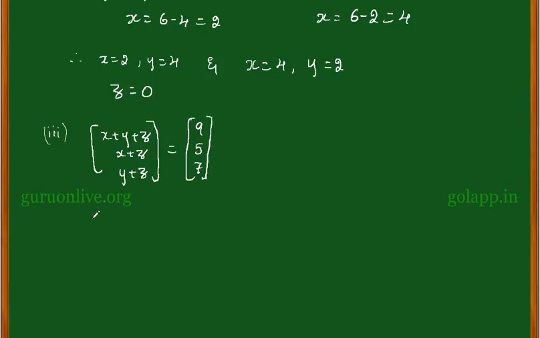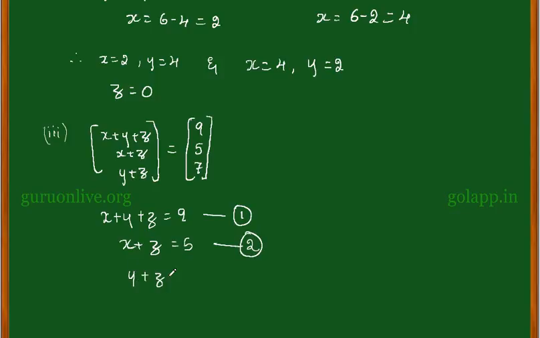Both are column matrices. I can equate both sides. x plus y plus z is equal to 9. Call this 1. x plus z is equal to 5. Call this 2. And last, y plus z is equal to 7. Call this 3.